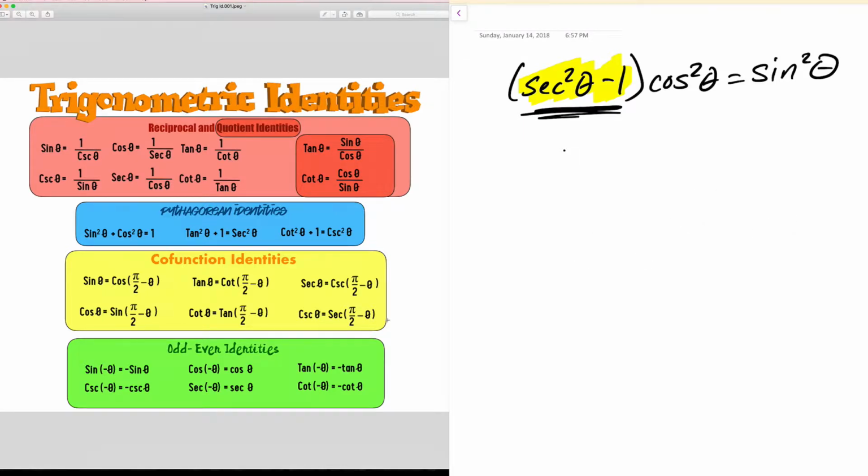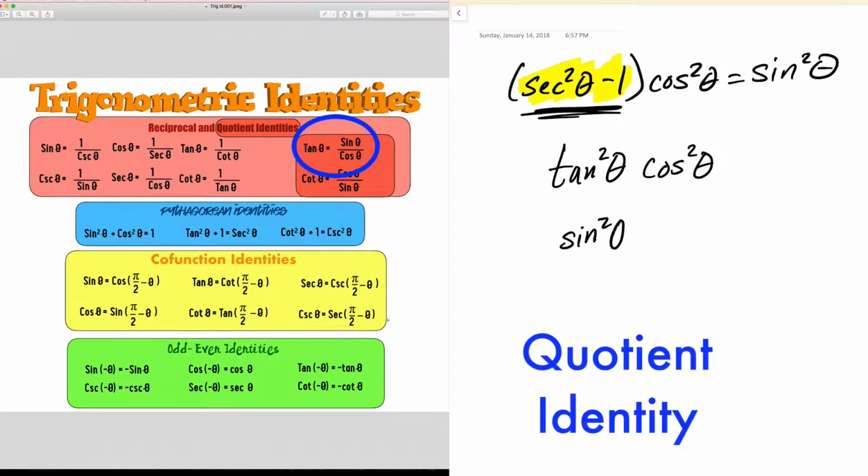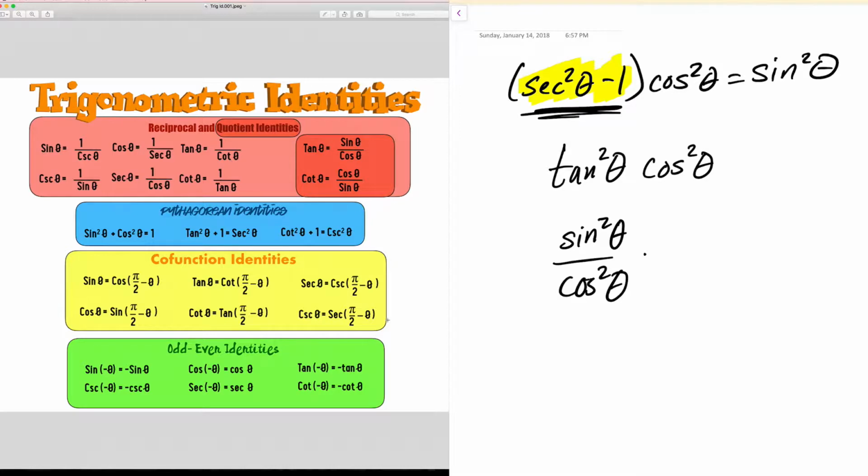Let me rewrite this. This is tangent squared theta times cosine squared theta. The next thing I know is that tangent squared theta is a quotient identity, so this also equals sine squared theta over cosine squared theta times cosine squared theta.